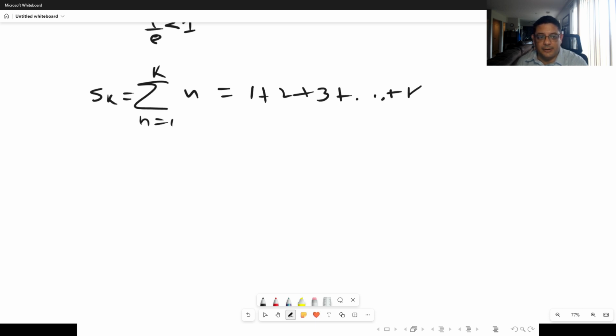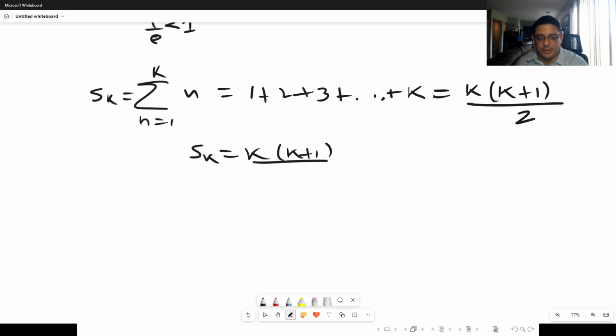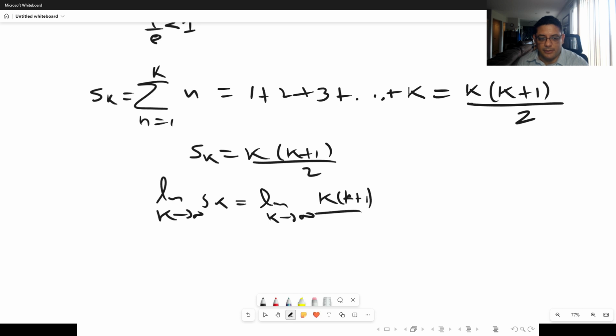Luckily, we do have an expression for this: k times (k plus 1) divided by 2. Because S_k is k(k+1)/2, the limit when k goes to infinity of S_k is just going to be infinity. There's no way to simplify this more.